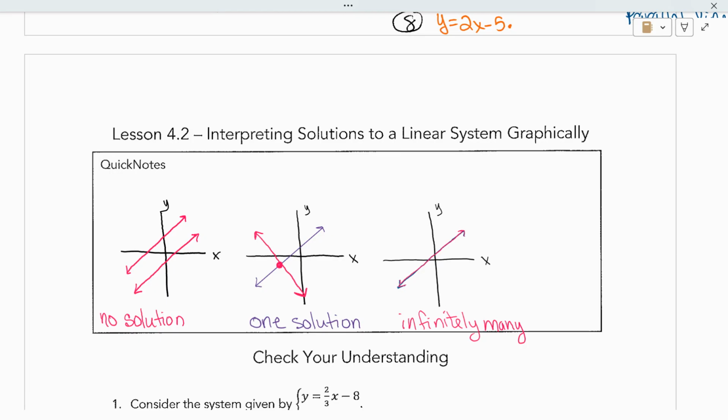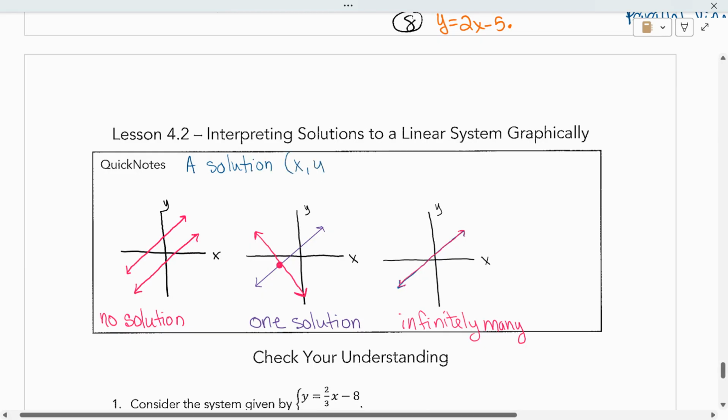So the idea is a solution, which is an X, Y ordered pair to a linear system, must satisfy or solve, if you will, all equations in the system.